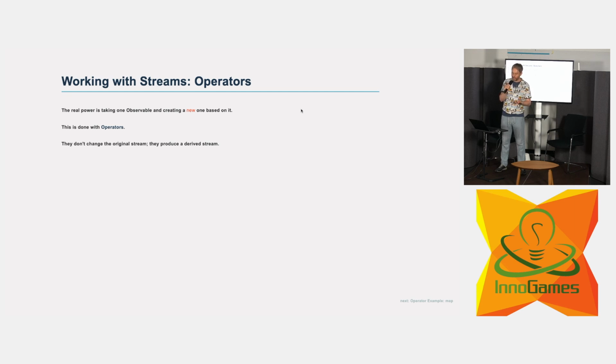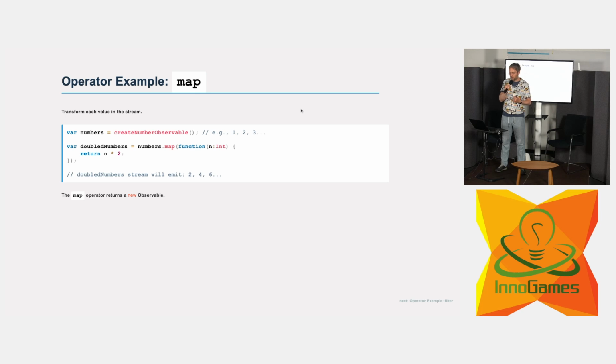How this might look, for example: we have an observable that creates numbers, 1, 2, 3, 4, 5, and so on. Then we create a new observable by mapping the first observable, taking its input value and creating the double of the number. This actually gives us 2 observables which we can choose to subscribe to. Same thing, for example, with filter.